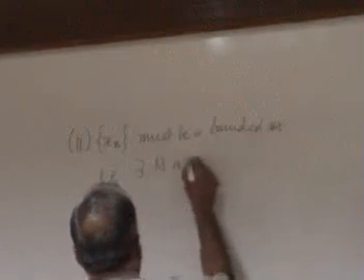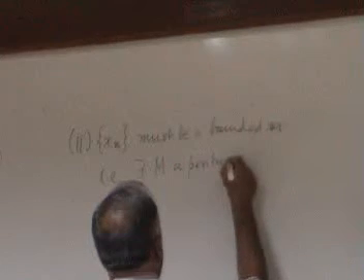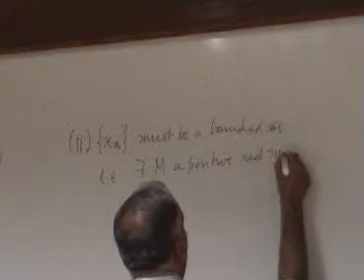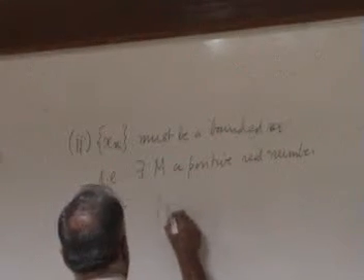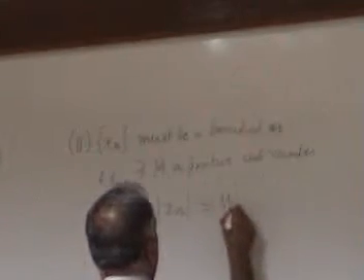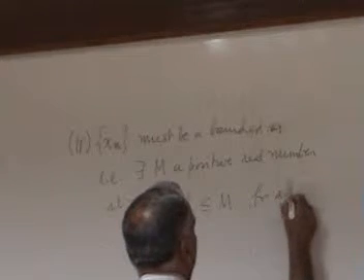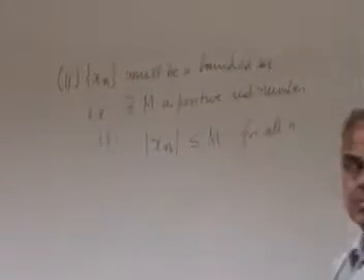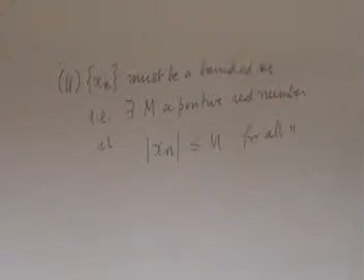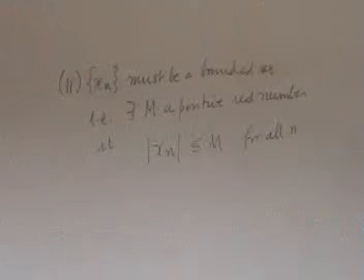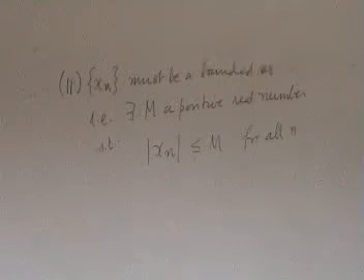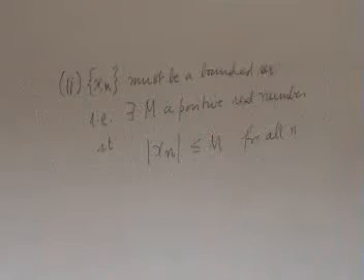There exists M, a positive real number, such that mod xn is less than or equal to M for all n. Every convergent sequence must be bounded.